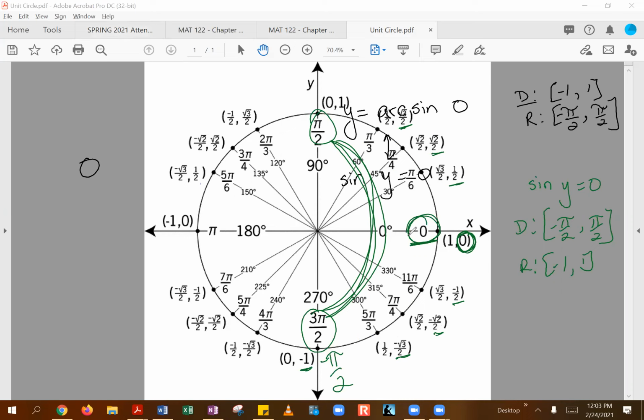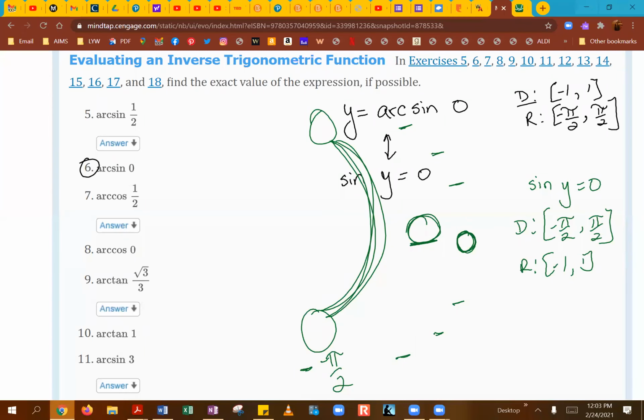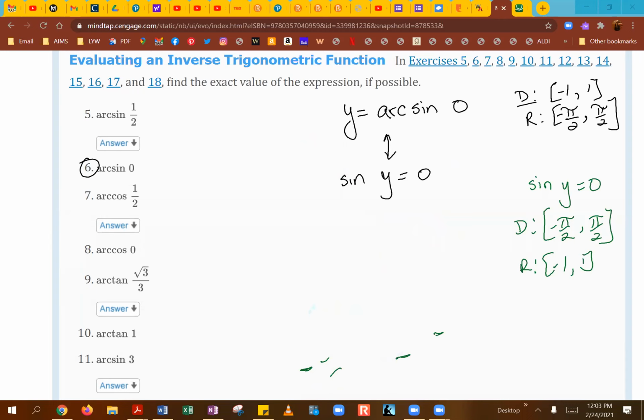So let's go back to our problem over here, and I'll get rid of this stuff in green. This is telling us that the only y value that will satisfy this is going to be 0, which means this answer is also going to be 0.